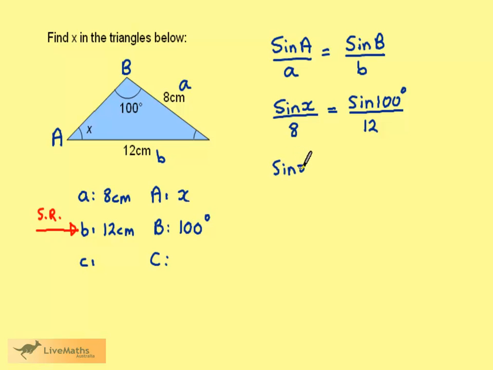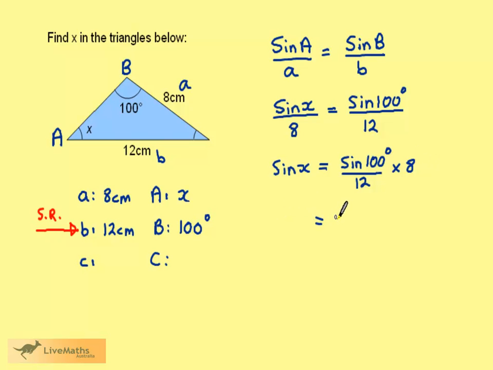Rearranging, we get sine x is equal to the sine of 100 degrees divided by 12 multiplied by 8.